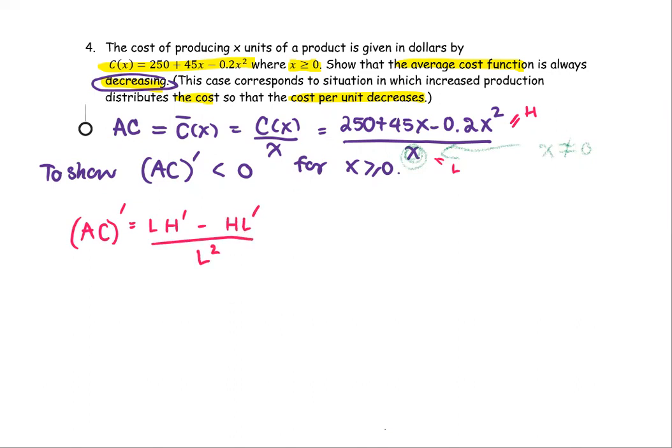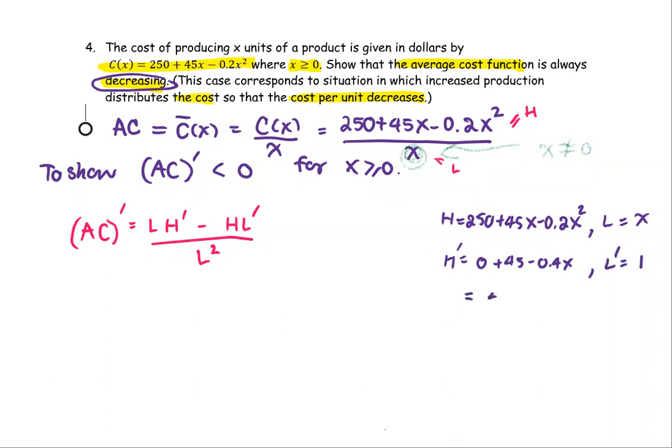In my prep notes on the side, my high is 250 plus 45x minus 0.2x squared, and my low function is x. The d high is 0 for the derivative of 250, 45 for the derivative of 45x, minus 0.4x for the derivative of the last term, and the d low is 1. So h prime is 45 minus 0.4x.